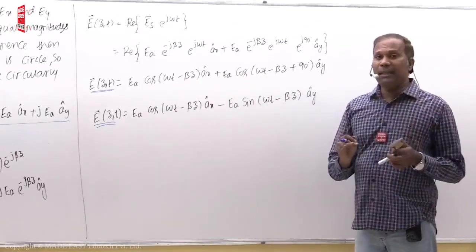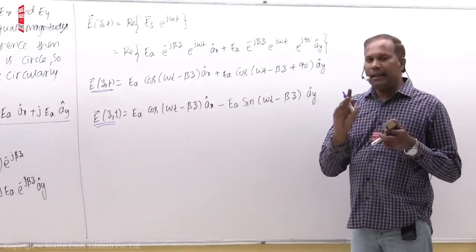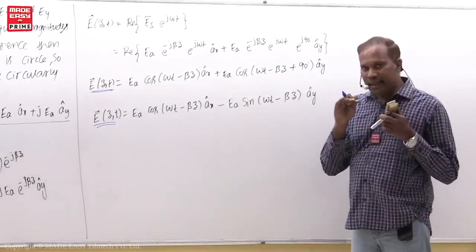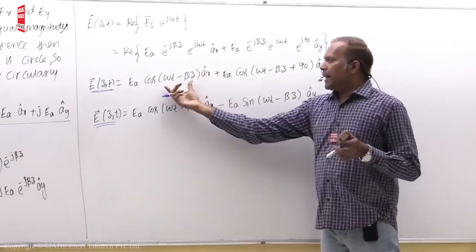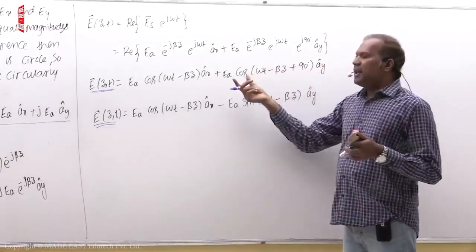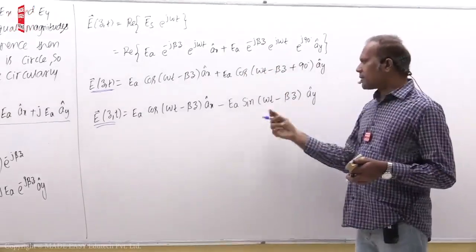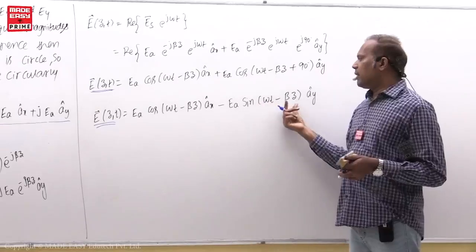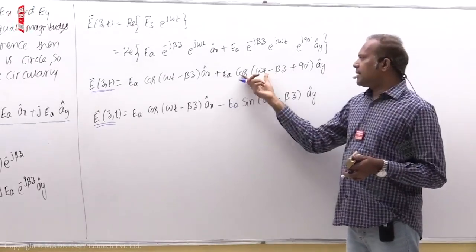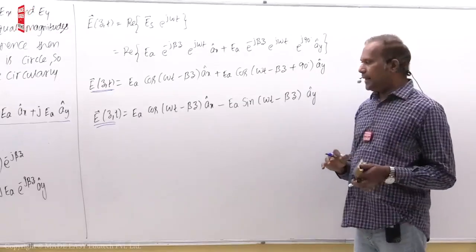Here phases means don't see the angle between x and y. That is not the discussion. The discussion is that the x component has a cos term, the y component has a cos term, and what is the phase between them? That discussion is going on. Here also, if a minus sign is given, then you will write this like this. Then once again you get the second component leads the first component by 90 degrees.